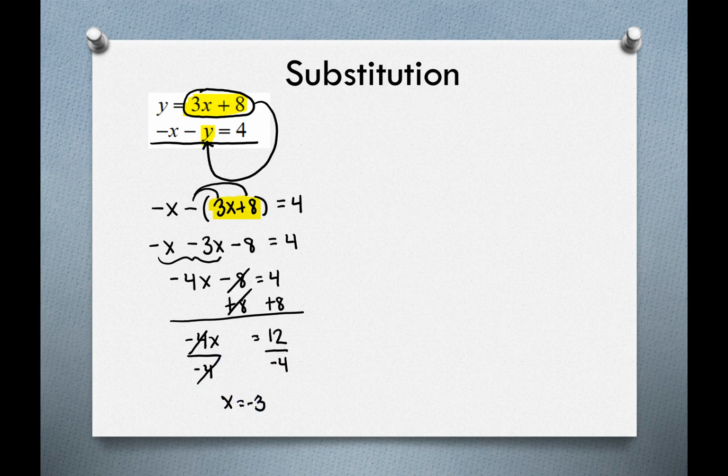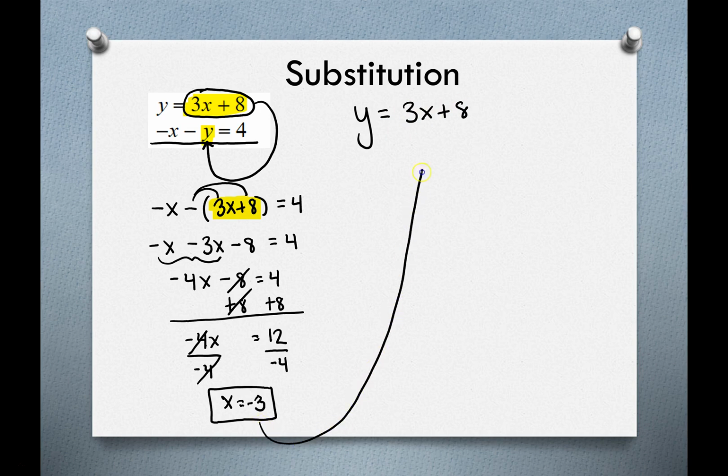Now you might be tempted to say, oh, I'm done, because that was a little bit of work, but you need to solve for both x and y. Thankfully, though, we already have an equation for y equals 3x plus 8. So I highly recommend substituting that into the y equals. So I'm going to take my negative 3 and plug it in for x.